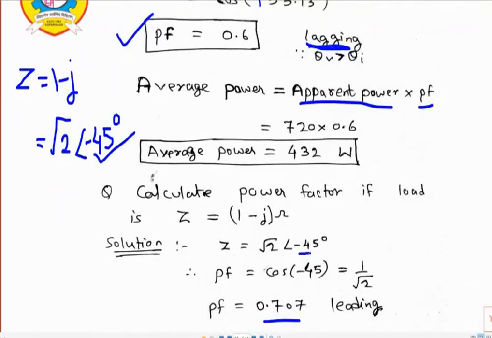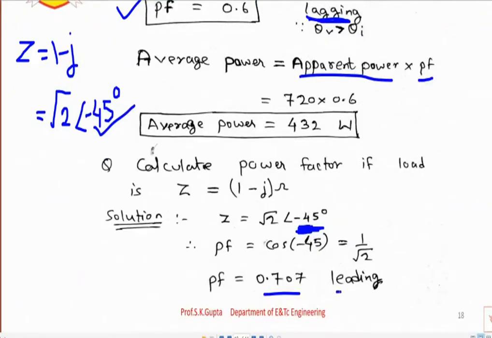Now as this impedance angle is negative, my power factor is leading power factor. Why is it so? If it is negative, then why is my power factor leading? The reason is that theta V minus theta I, I am getting negative.